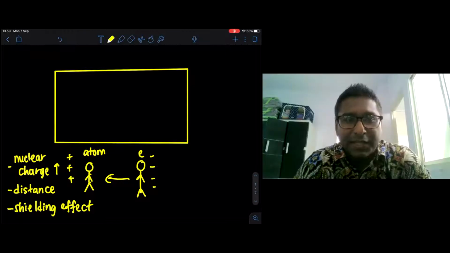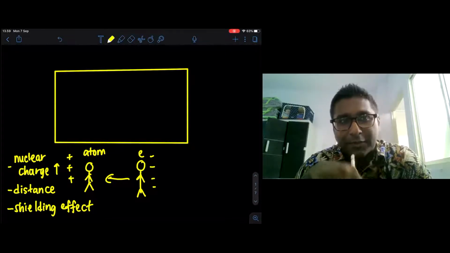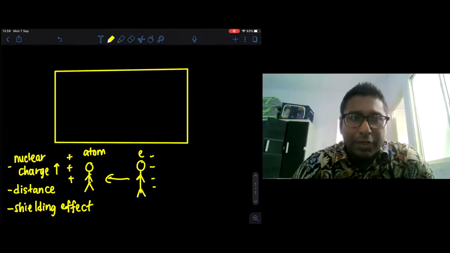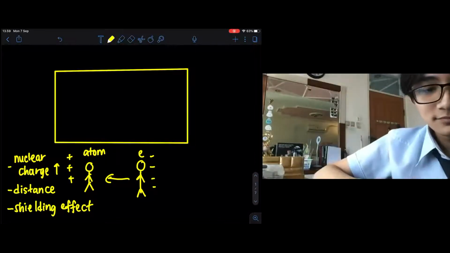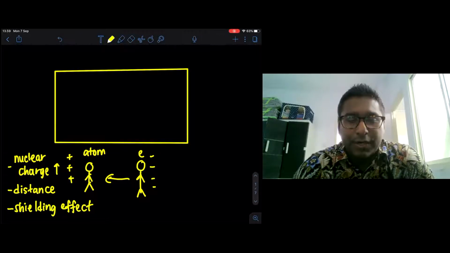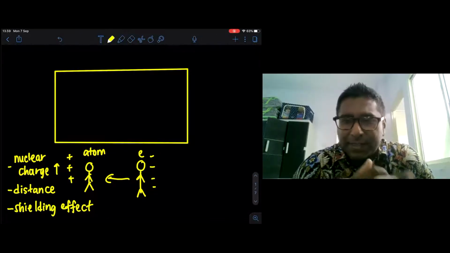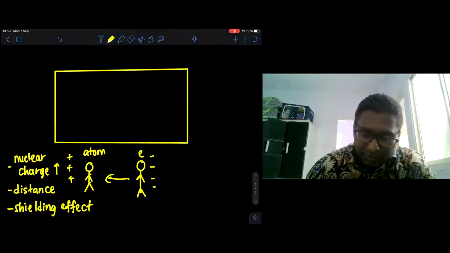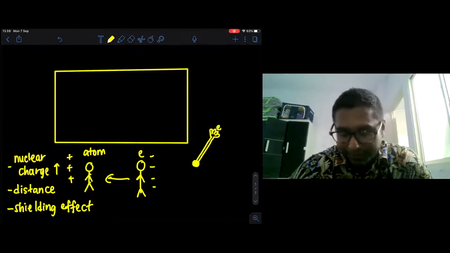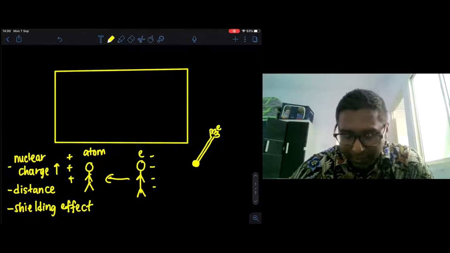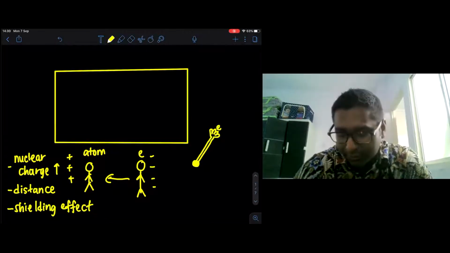Basically, the shielding effect is when you have a lot of electrons in between, so it will cancel out the attraction of the nucleus towards the other electrons, because they are negatively charged. Let's say this is the nucleus and they are holding the electrons strongly. Imagine these are hands and the nucleus is trying to hold the electrons.